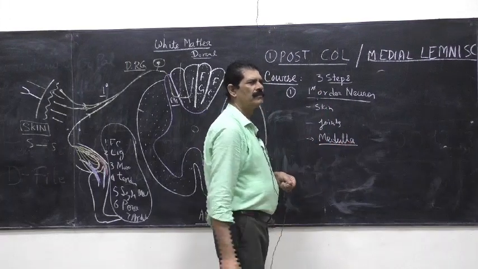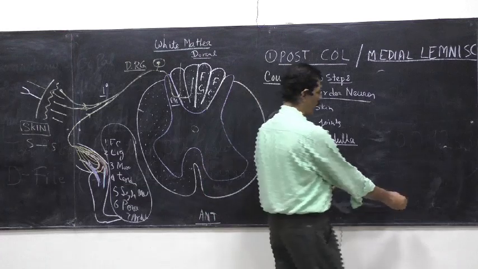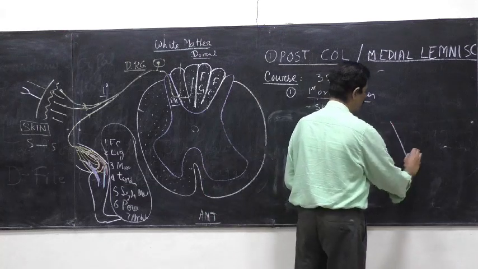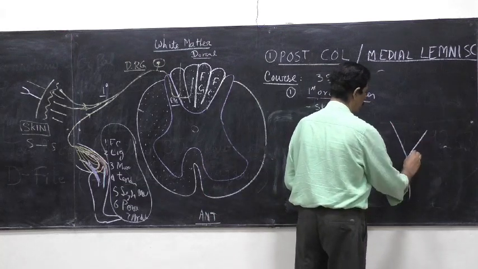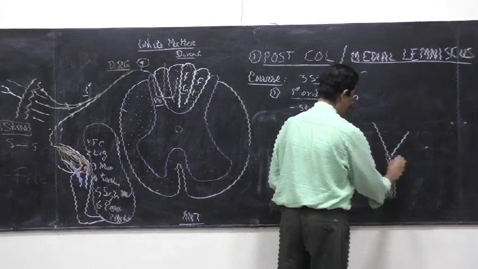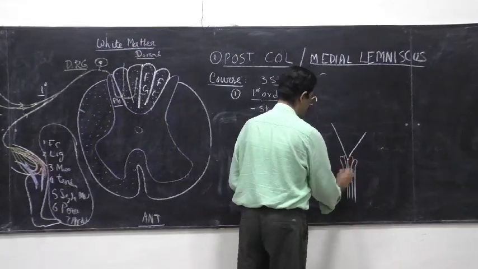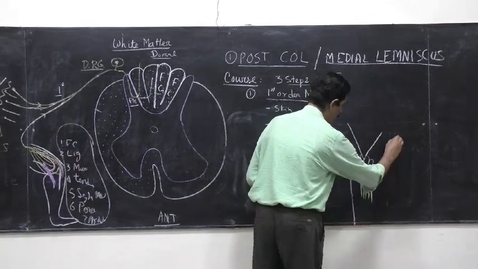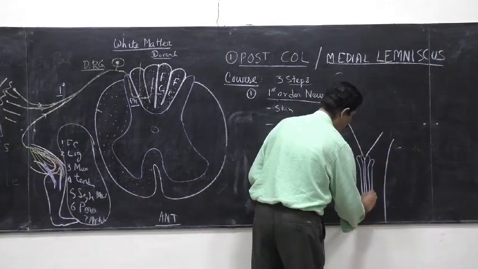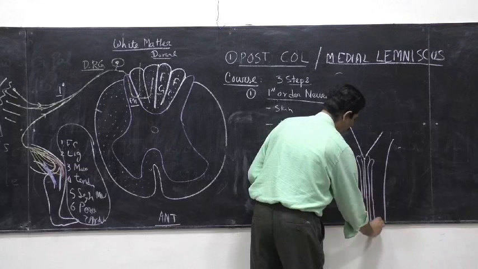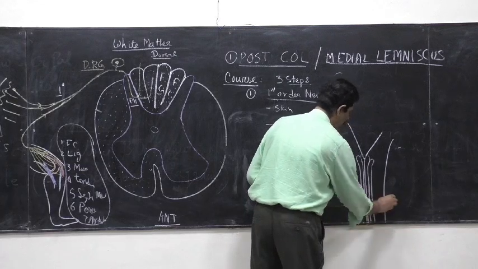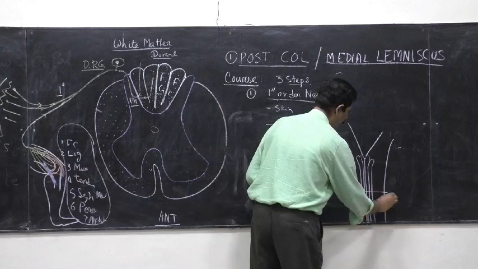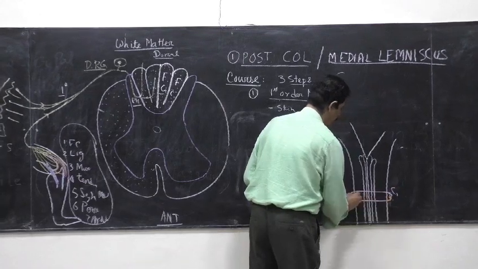Medulla, because medulla is the lowermost part. So now they reach the medulla, because in the posterior medulla we have seen there are bundles, fasciculus gracilis and fasciculus cuneatus also. The medulla is the continuation of the spinal cord at the level of the upper border of C1, I have already told you.